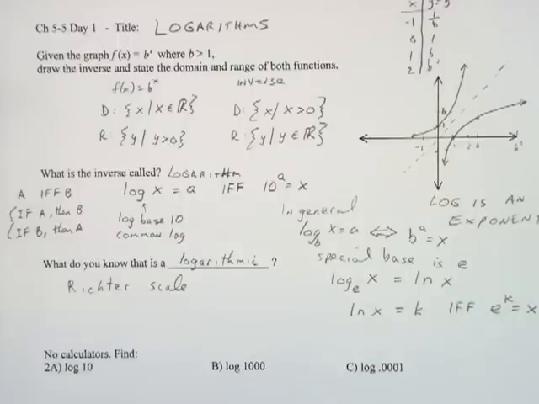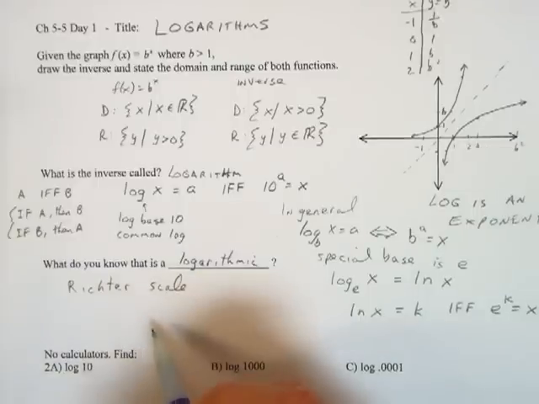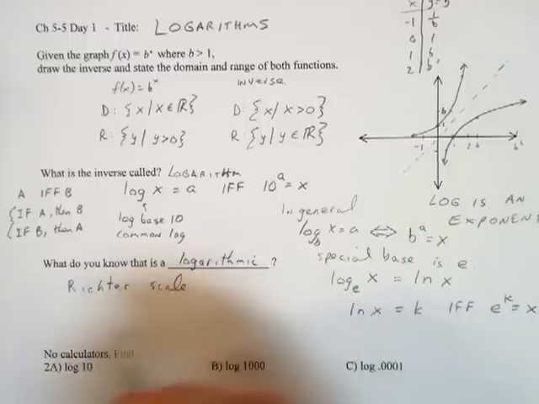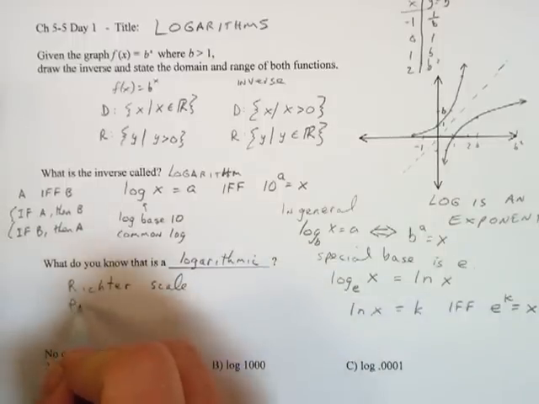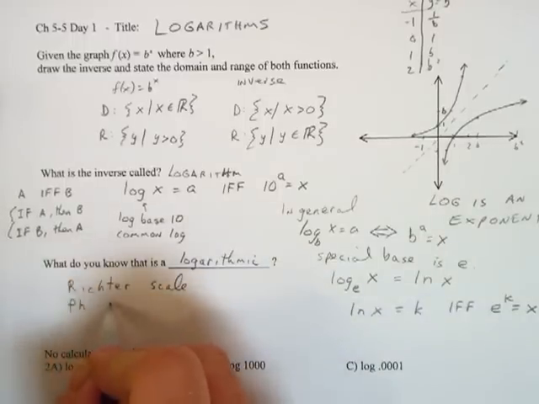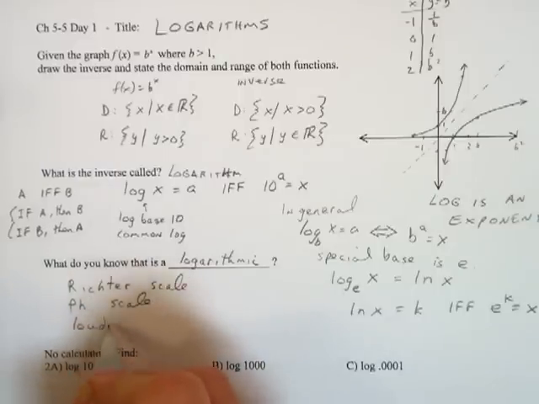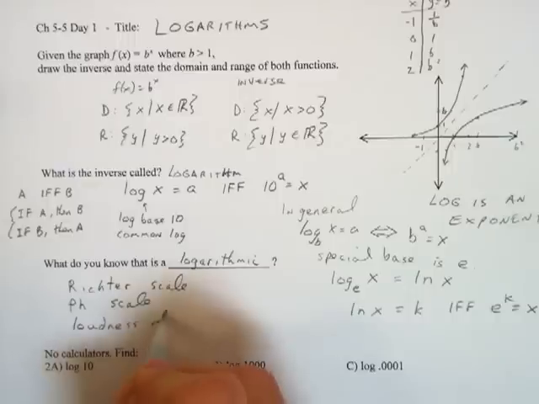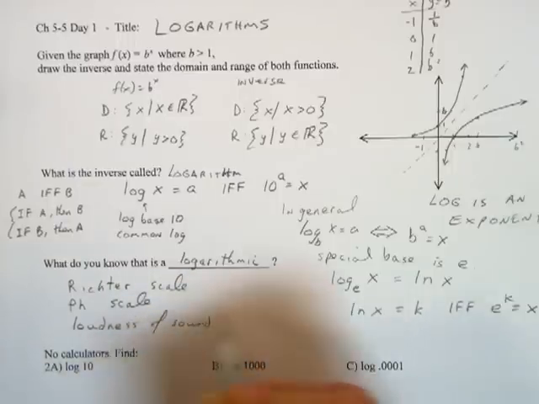Why? Because we're talking about an exponent, so we're talking about 10 to the 6th versus 10 to the 7th. What do you do in chem? Your pH scale. And another one that you could deal with is loudness of sound when you're talking about decibels.